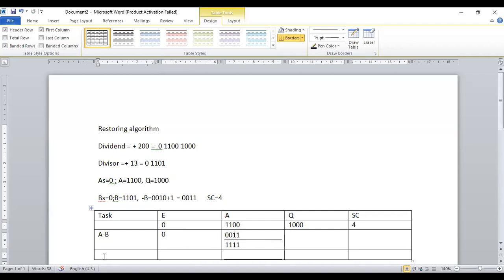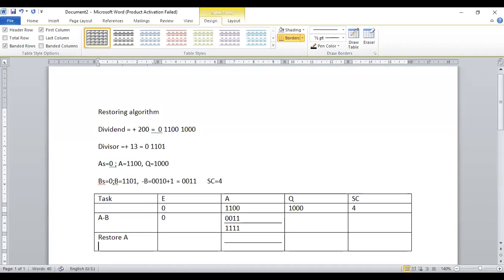So what do you have to do? You need to restore the dividend back by adding B to A minus B. So restore A. How can you do that? By adding B. B is 1101.